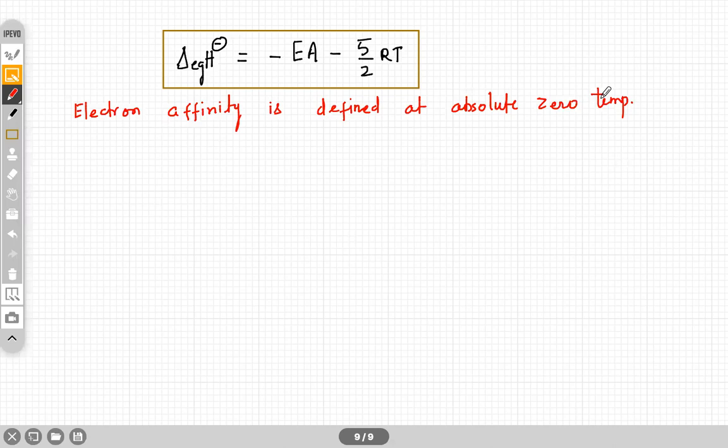Absolute zero temperature is minus 273 degrees Celsius. That is 0 Kelvin.